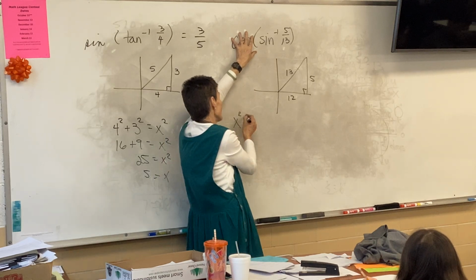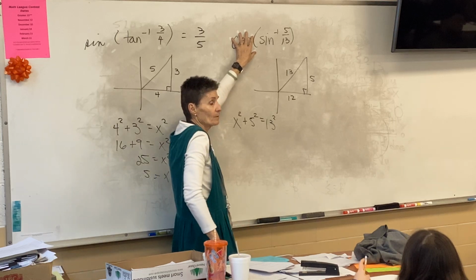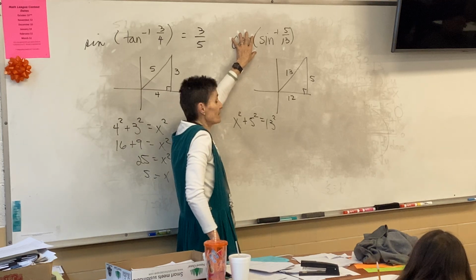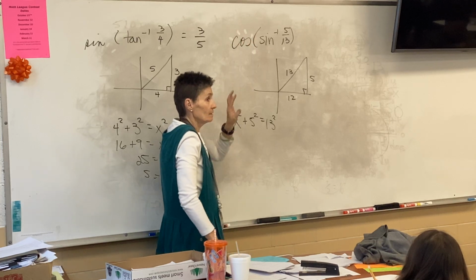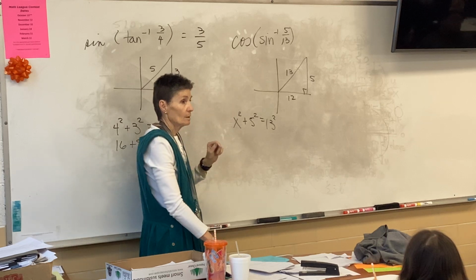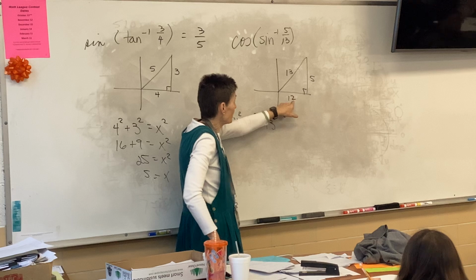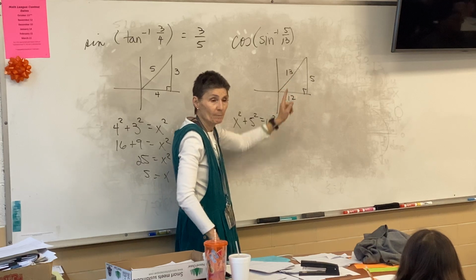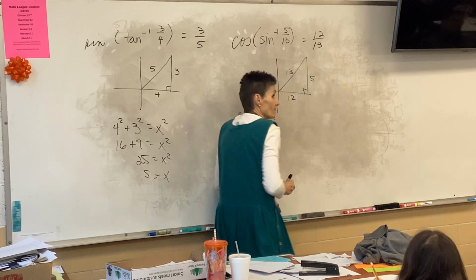X squared plus 5 squared is 13 squared. That's your setup. Perfect. As soon as you are done, then answer the question. What do I want to know? Cosine. What's cosine? Adjacent over hypotenuse. So the answer is 12/13.